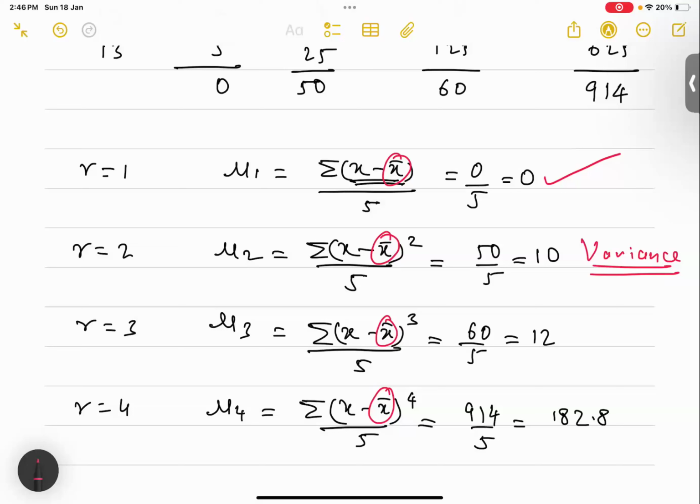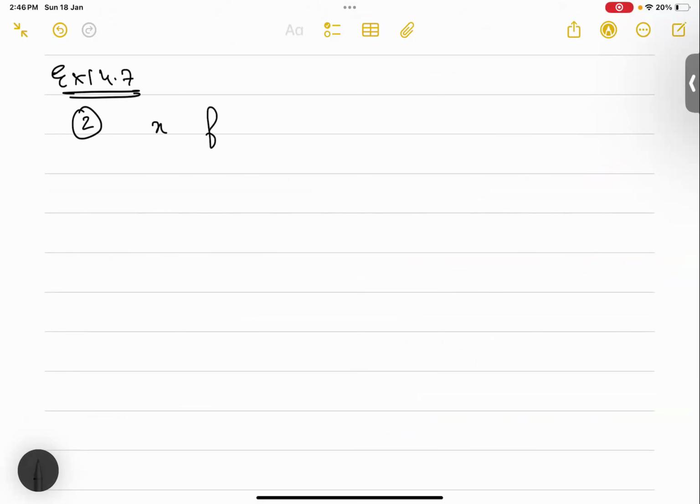f: 4, 3, 5, 4, 6, and 3. So, first four central moments. So mu r is summation f into (x minus x bar) raised to r upon summation f.